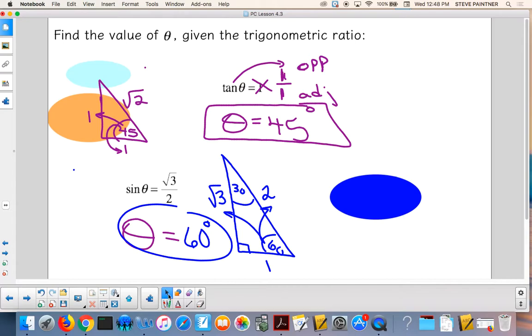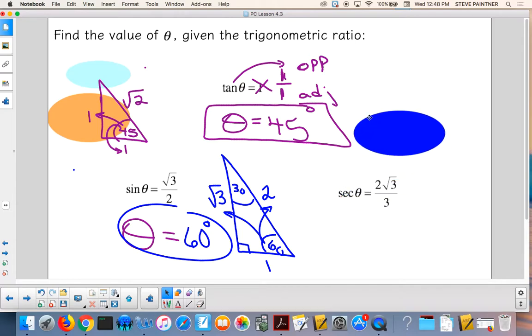Okay. Try that one. Secant of the angle is 2 square root of 3 over 3.